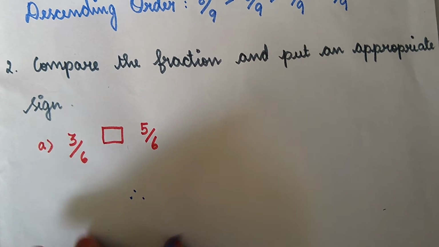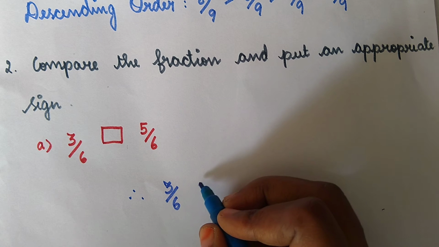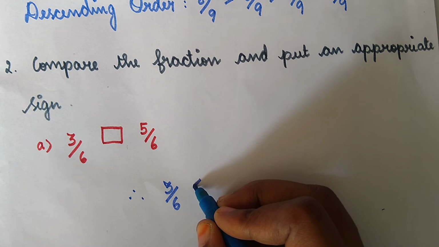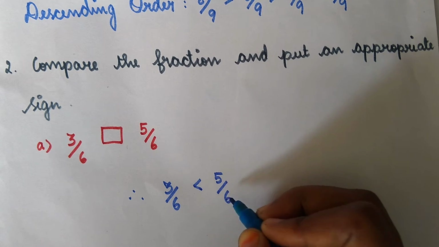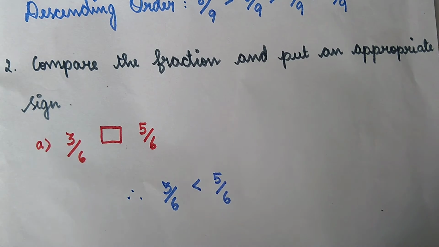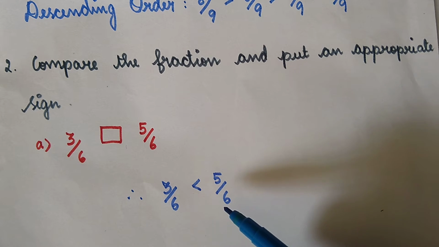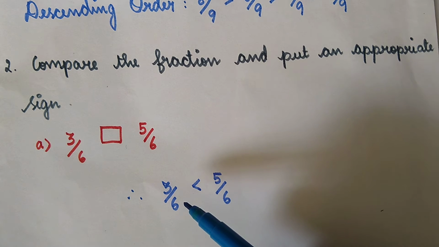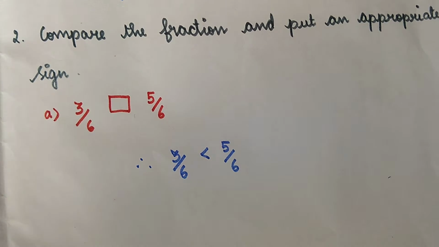This is the answer. 3 by 6 is less than 5 by 6. Are you clear? The fraction 5 by 6 is greater than the fraction 3 by 6. This is the answer. Next we move to subdivision D.